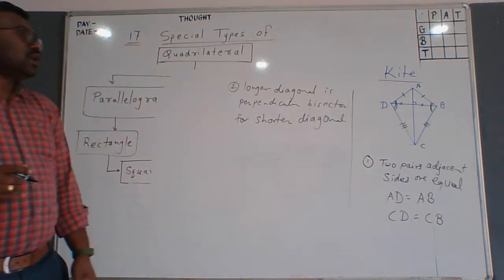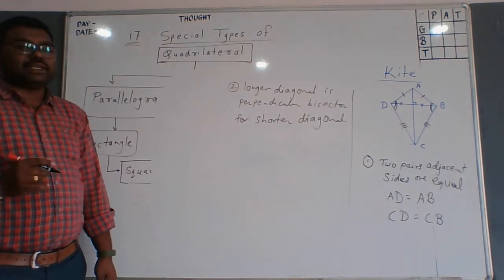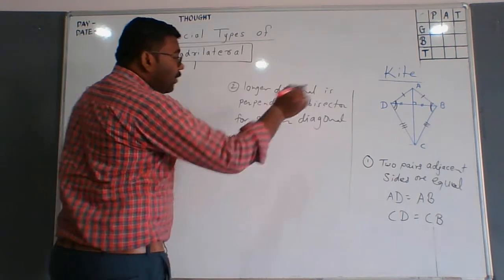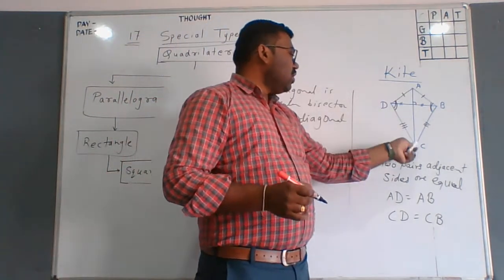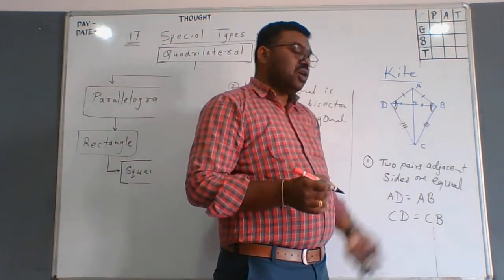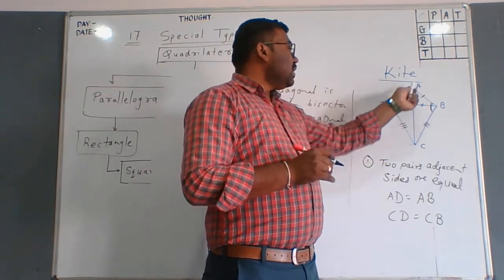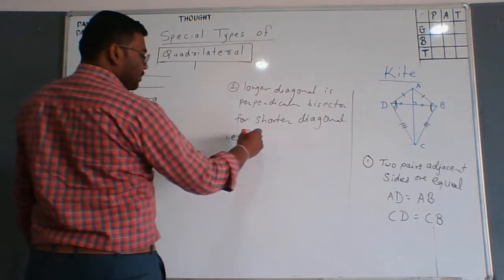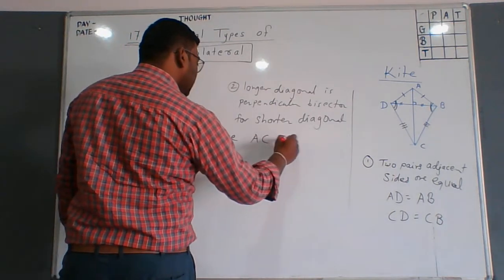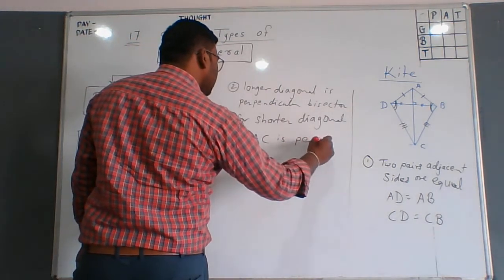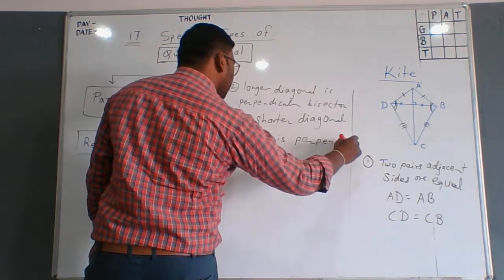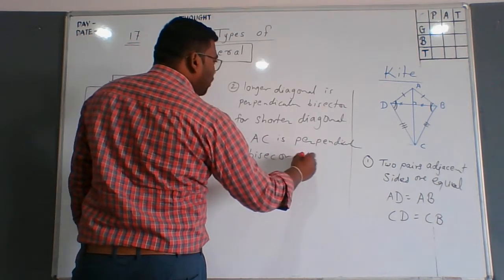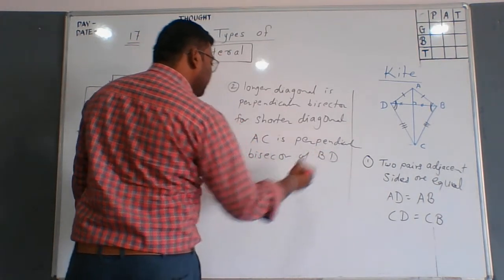Okay. That is, in our diagram, AC is the longer diagonal, BD is the shorter diagonal. That means AC is the perpendicular bisector of BD. Okay.